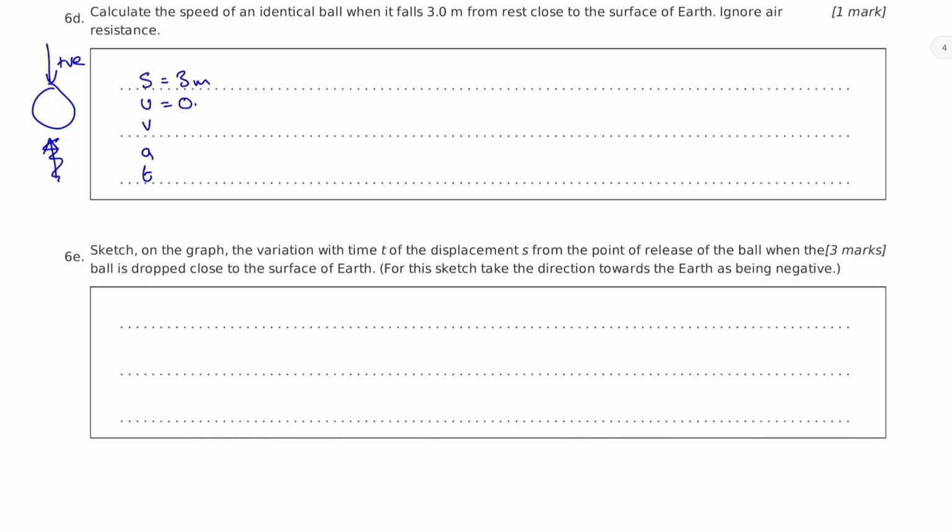Right, from rest, so u is equal to 0, v we want to find out, and a on the surface of the Earth is 9.81 metres per second squared. So v squared equals u squared plus 2as. v squared equals 0 plus 2 times 9.81 times 3. So v is equal to the square root of that sum.